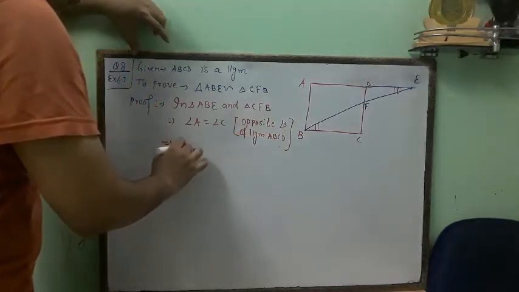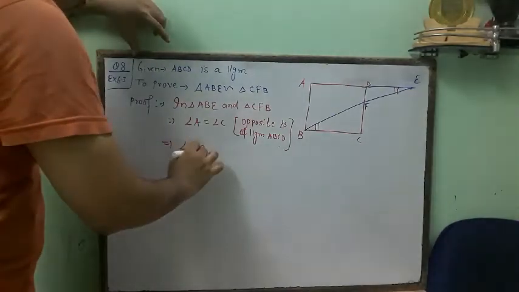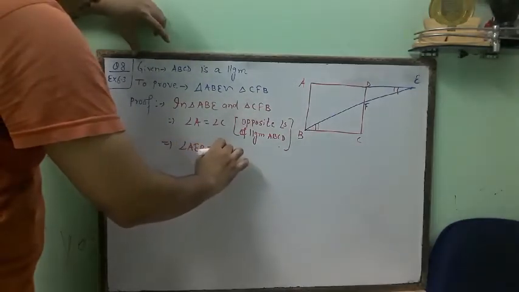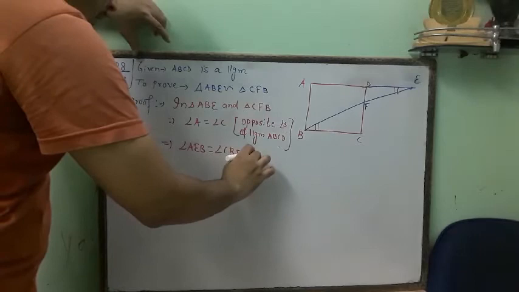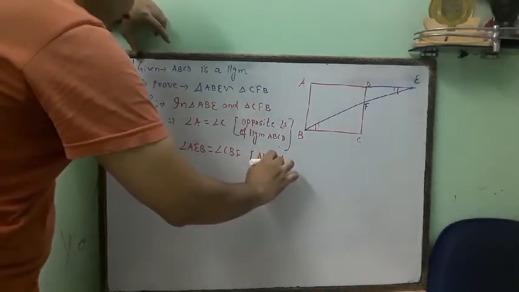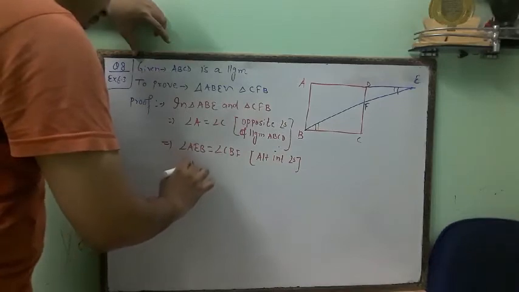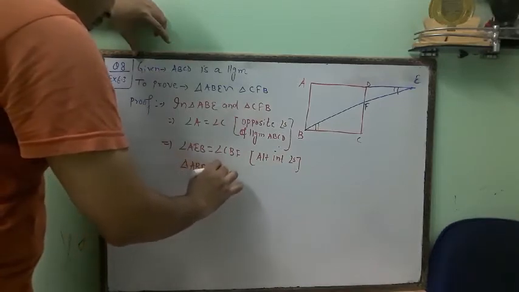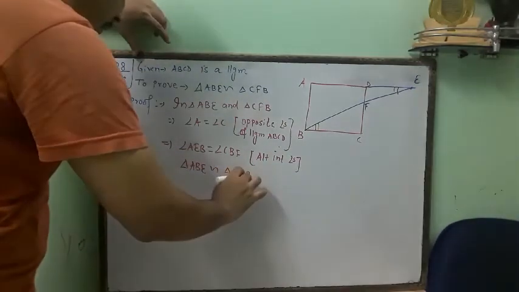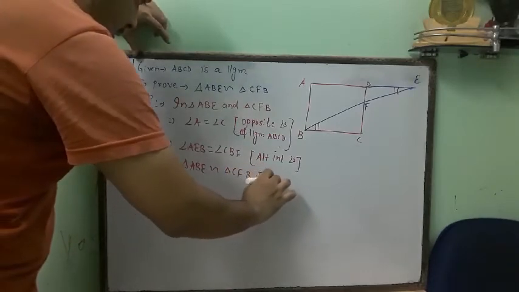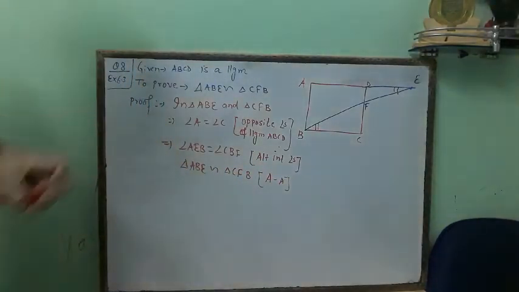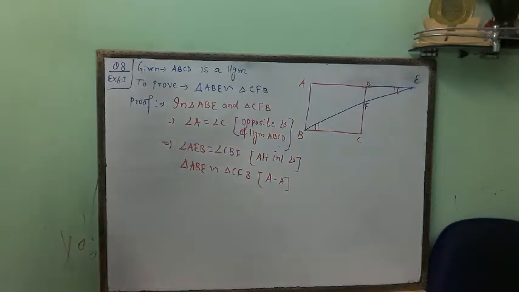Now angle AEB is equal to angle CBF, alternate interior angles. Therefore triangle ABE is similar to triangle CFB, the criterion is AA. This is the process to prove these triangles similar.